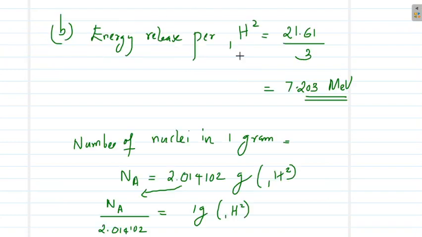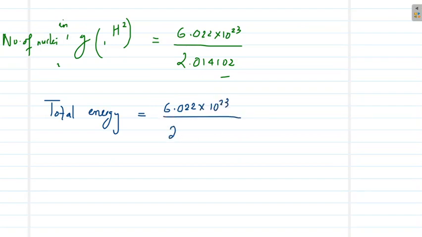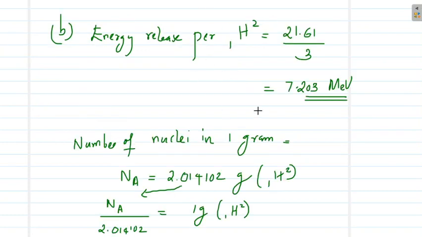If each nucleus releases 7.203 MeV, then the total energy released from 1 gram will be 6.022 times 10 raised to 23 divided by 2.014102, which is the number of nuclei, multiplied by the energy released by each nucleus, 7.203 MeV per 1H2.